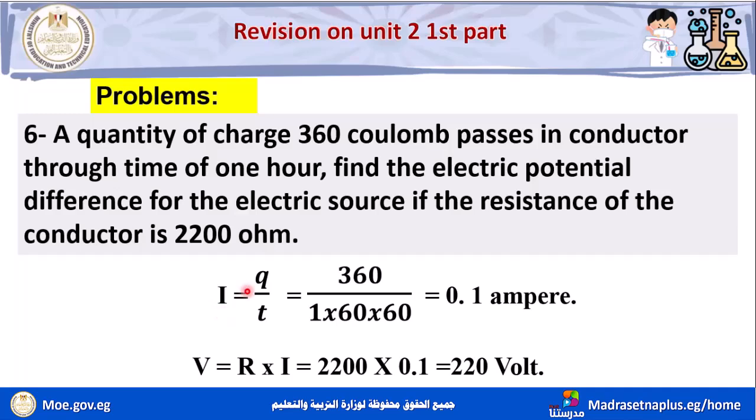Current intensity equals amount of charge divided by time, equals 360 coulomb divided by 1 hour times 60 times 60 to convert into seconds, equals 0.1 ampere. Potential difference equals R resistance times I current intensity, equals 2,200 ohm times 0.1 ampere, equals 220 volt.